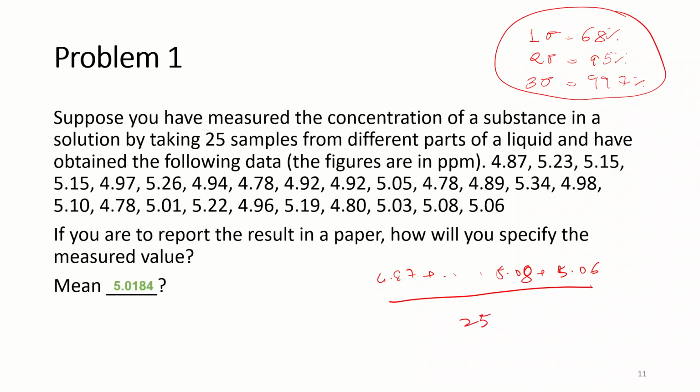So it's around 5.0184. Most of you have gotten that. Does anybody have any doubts in this? So it's the total of the observations divided by the number of observations.